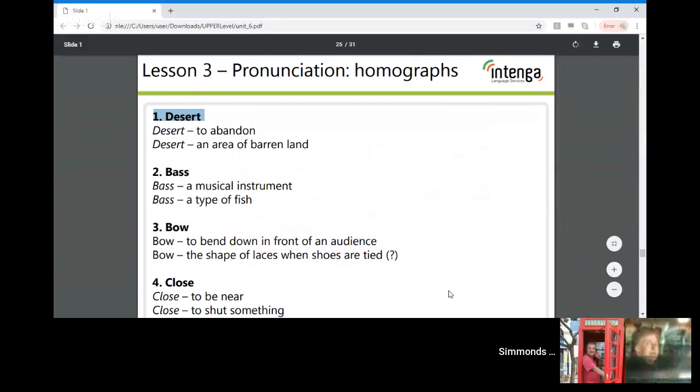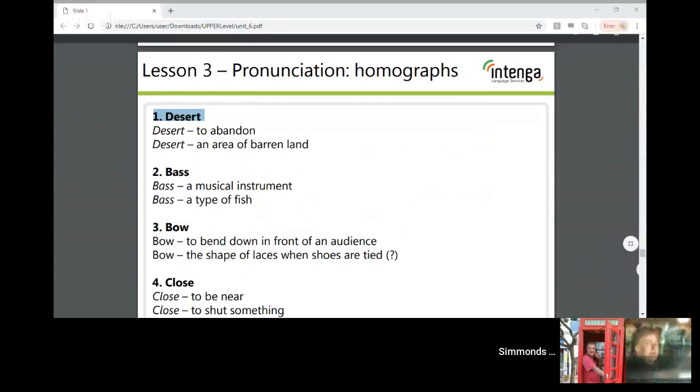Ken, let's start with you. Desert. Okay. Desert and dessert are confused. Which is stressed? Well, anyway, to abandon, I think. Another, dessert, means the sweet or fruits after the meal.